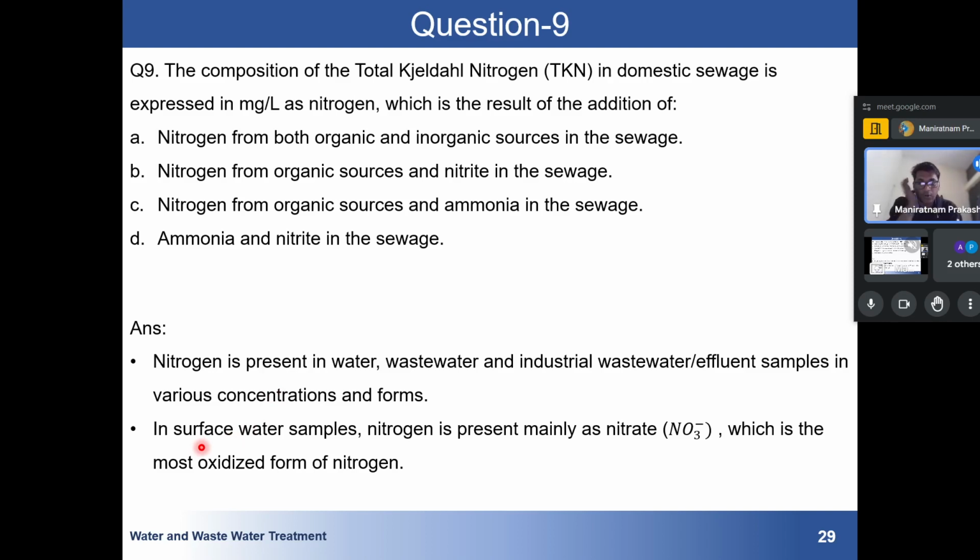First, in surface water, nitrogen is in the form of nitrate only, that is NO3 minus. We know that nitrate is present in our surface water, and that surface water is used for drinking or irrigation purposes. So this nitrate should not exceed a certain permissible limit, which is defined as per the IS code. So if you are drinking water, make sure that the nitrate content in that water is within the permissible limit.